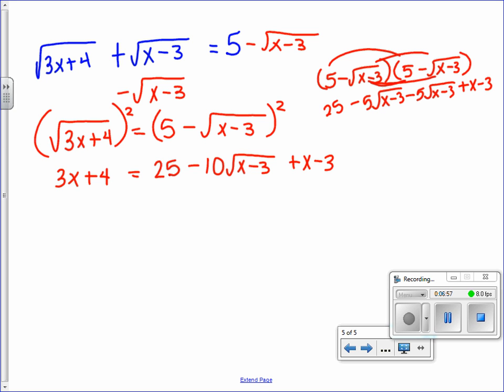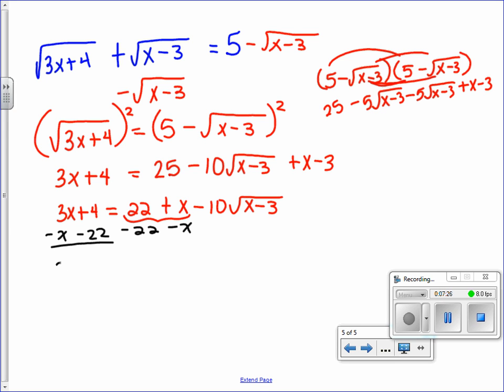Alright, so that's going to be 3x plus 4 equals 22 plus x minus 10 square root of x minus 3. Now, these two right here, we need to move them over so we can square again. Subtract 22, and I'm going to subtract x.